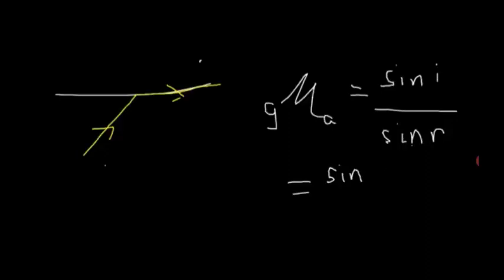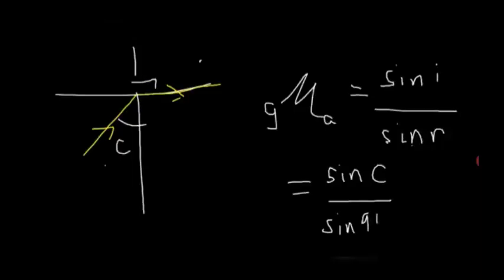Sine C, because I is nothing but C. Let me draw this. This is C. This is 90 degrees. So sine 90. So I can say mu of A G becomes sine C.